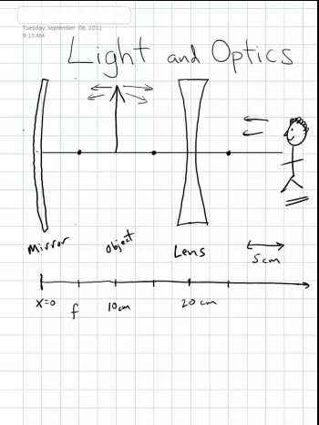It's going to bounce off the mirror, create an image from the mirror, and then that image will act as an object for the lens, and you'll see a second image. So you'll see two images, and we want to know what they are, where they are, how big they are, etc., etc. So let's get started.